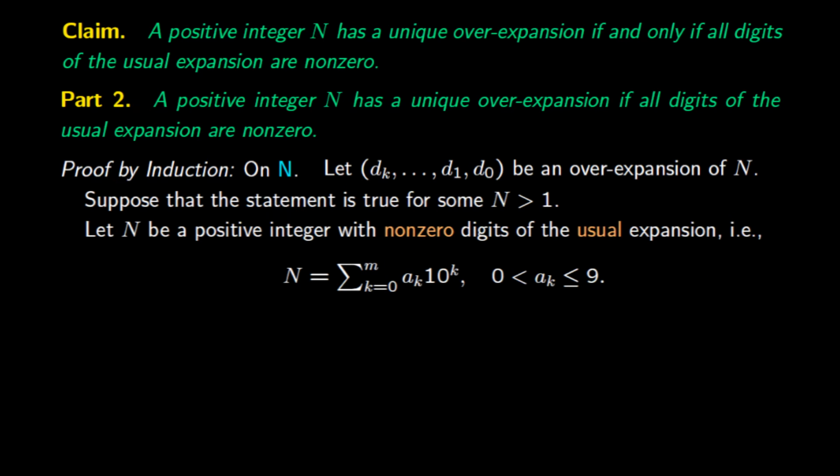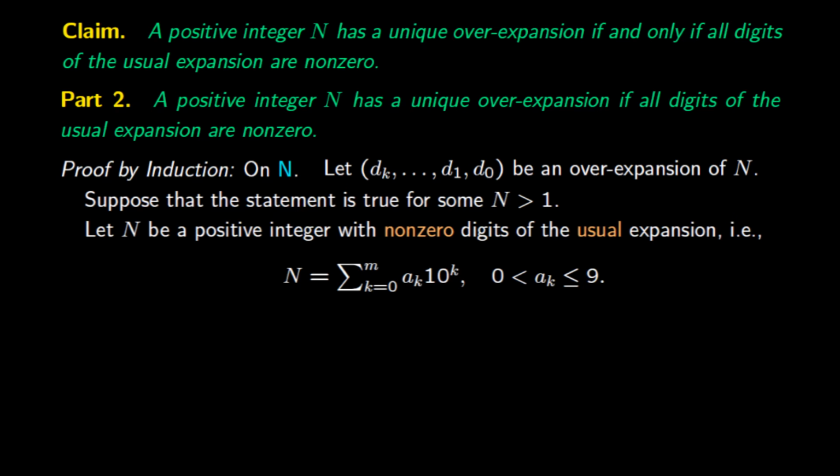Suppose we have an overexpansion of n, and suppose that the general statement we want to prove is true for all positive integers less than n. I apologize about the typo here. The induction hypothesis must be: the general statement we want to prove is true for all positive integers less than n.